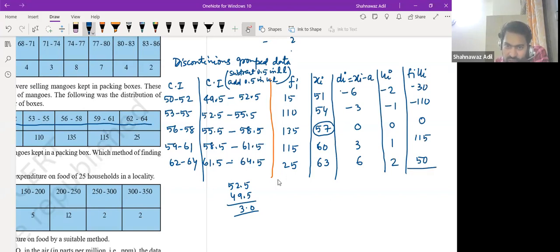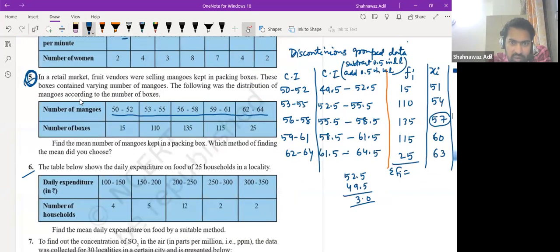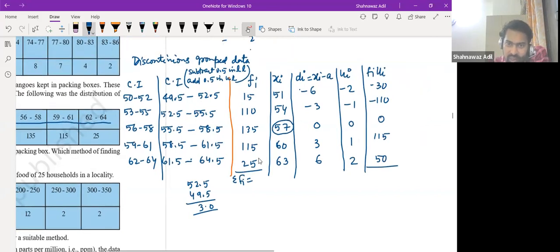So summation of fi, this is how much? How many will there be? So this is 20, and then this is 1, 2, 3, 4.